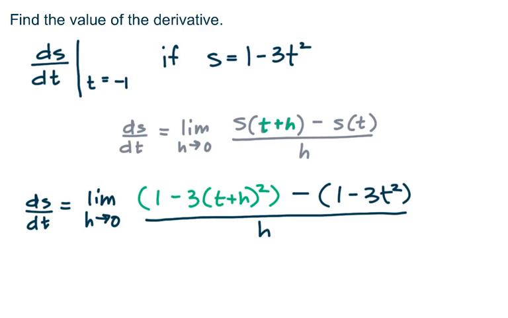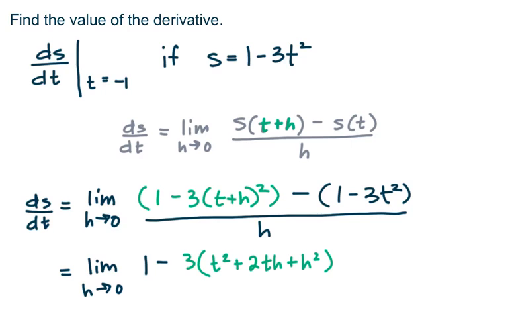All right, so continuing to work on my derivative, I have the limit, and again, we write that every time, as h approaches 0, of 1 minus 3 times t plus h quantity squared. t plus h squared is t squared plus 2th plus h squared. And of course, I have to distribute a minus 3 to that. And then I've got minus 1 plus 3t squared, all of which is over h.